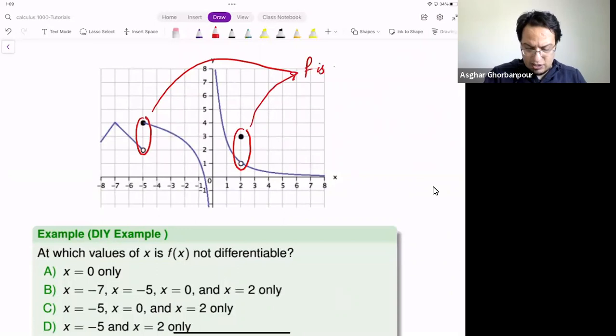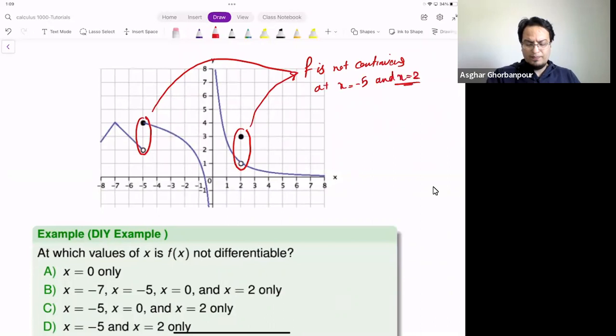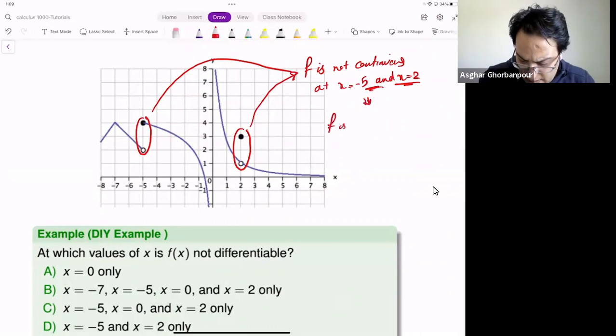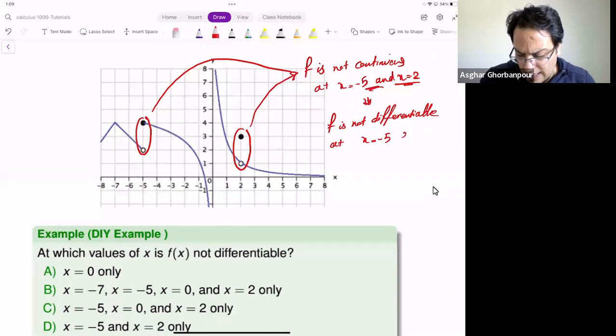F is not continuous at x equal to -5 and x equal to 2, meaning that the function won't be differentiable at x equal to -5 and x equal to 2.